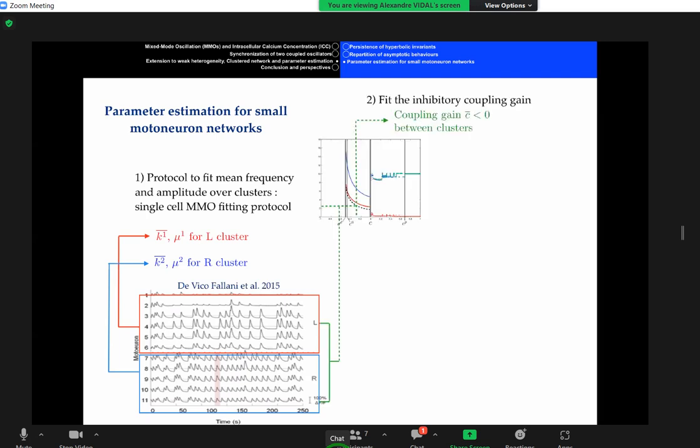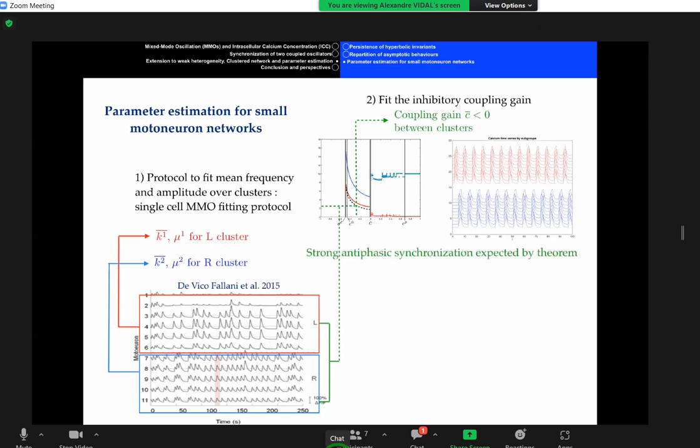Starting from there, we fit the inhibitory coupling gain using our diagram of repartition of behaviors. Since we have a very precise analysis of the frequency in the antiphase case, we are able to know the average coupling gain between clusters.